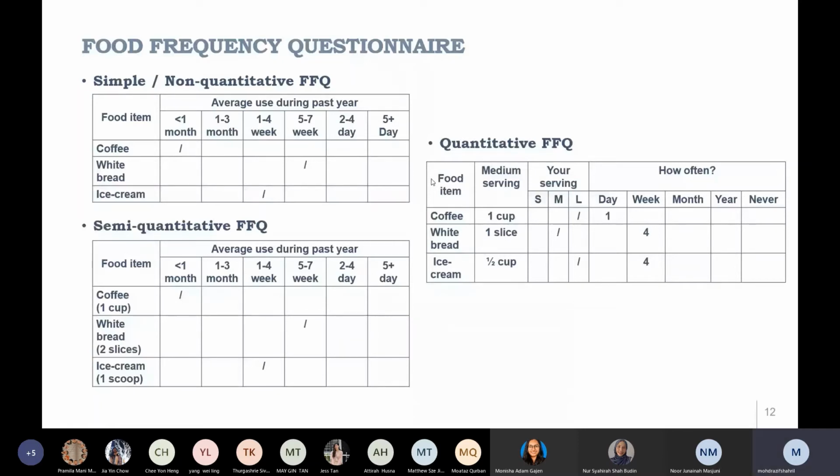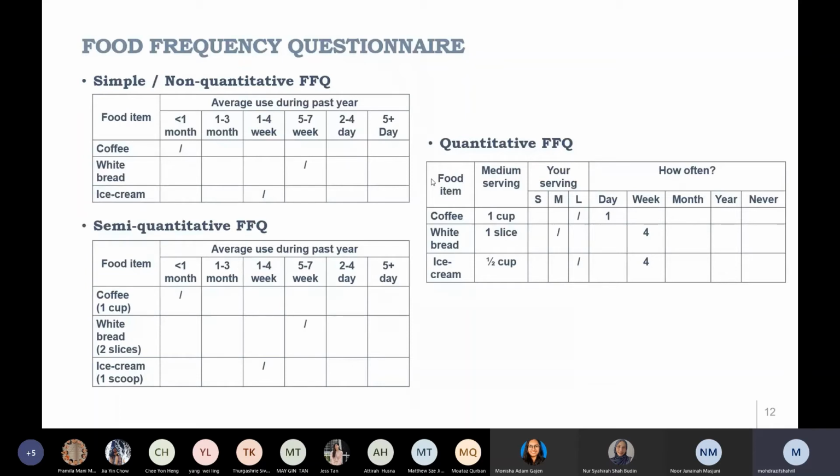We also ask them how often they take the food per day, or if it's not taken daily, they have to write down the number of frequency per week. And if it is not taken every week, we can tick the frequency according to per month. And if it is not consumed every month consistently, we can tick for year. And if we do not consume at all, we can tick never.